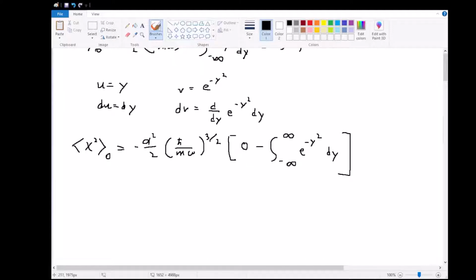And this is just the Gaussian integral. So we're going to cancel out the negatives.